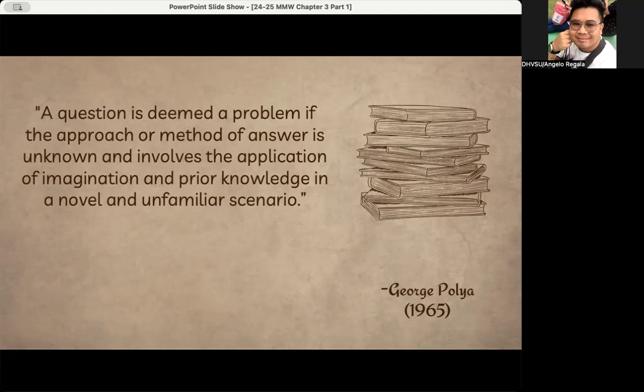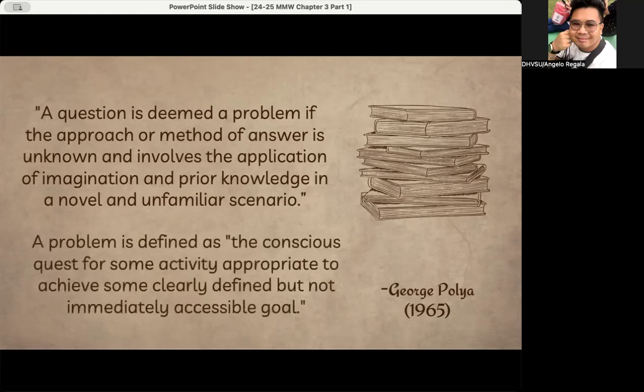So it involves the application of imagination and existing knowledge that we know in a novel and unfamiliar situation. It means na ang isang situation daw ay makukonsider nating problem if hindi natin agad masasagot yung problem na yon or yung question na yon.